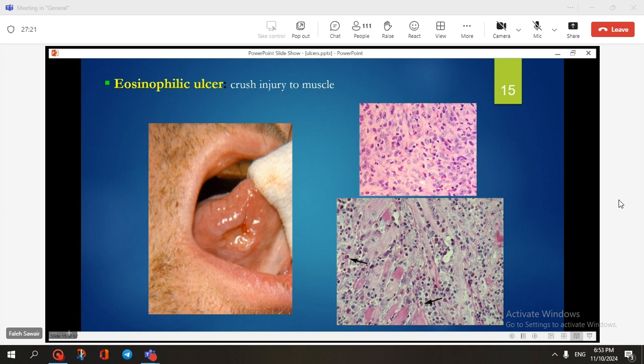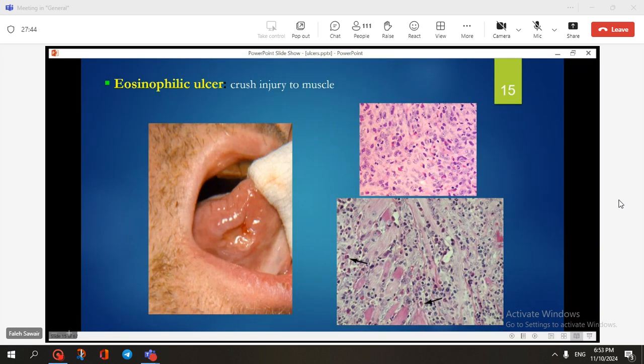Eosinophilic ulcers are a kind of chronic traumatic ulcer. They are connected with crush injuries to the tongue particularly. So the patient presents with a chronic ulcer without a known cause, but there is usually a history of chronic crushing trauma to the tongue.